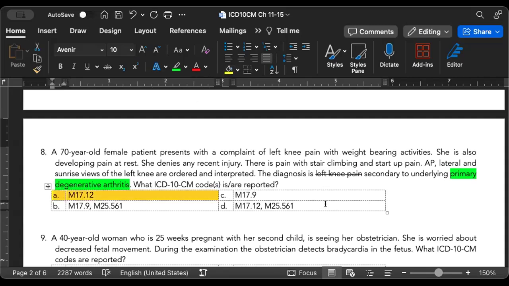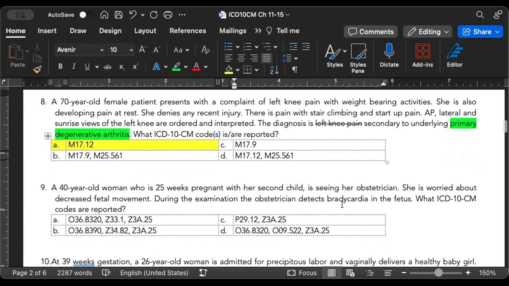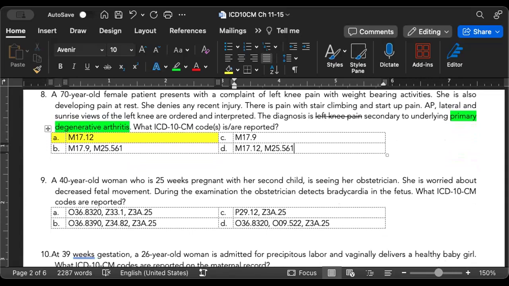M17.12. Okay. Any questions for number 8? Perfect.